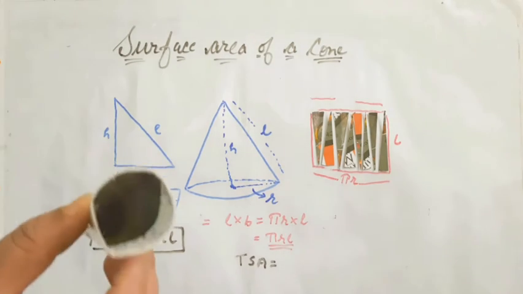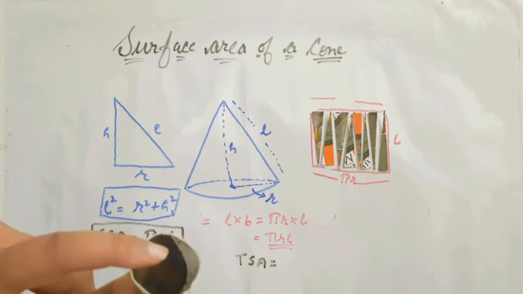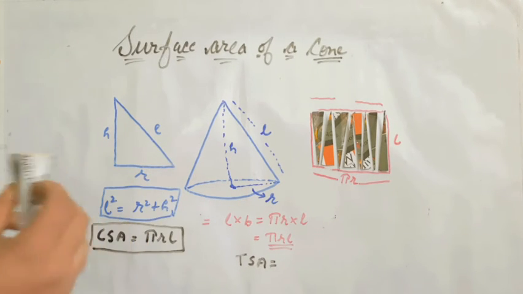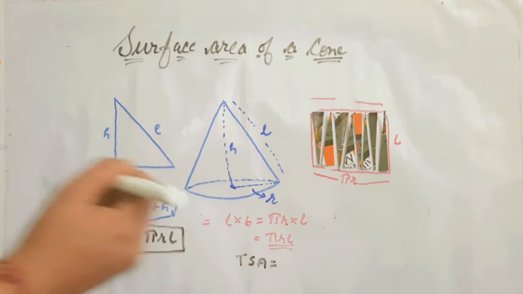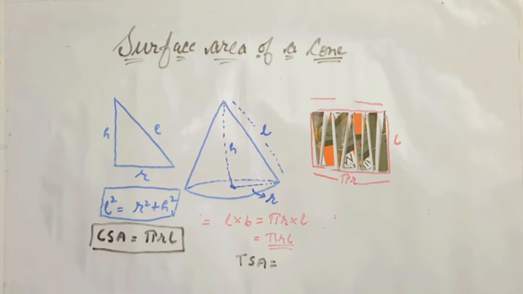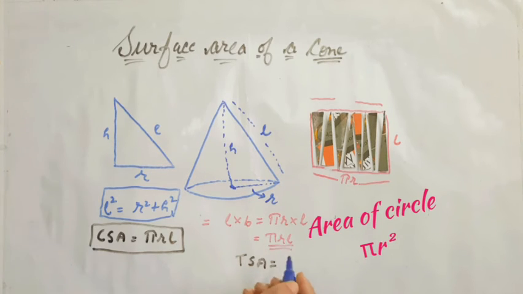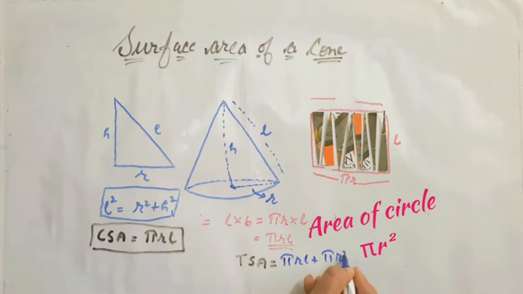To close it we need a circle, and you know the area of a circle is pi r square. So the total surface area will be the curved surface area plus the area of the circle, that is pi r square.